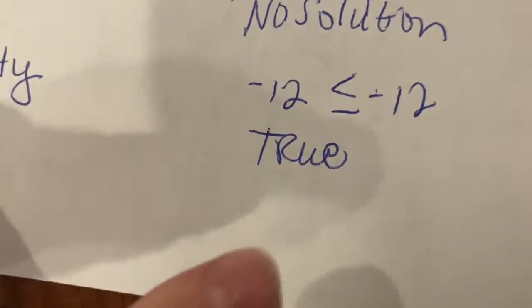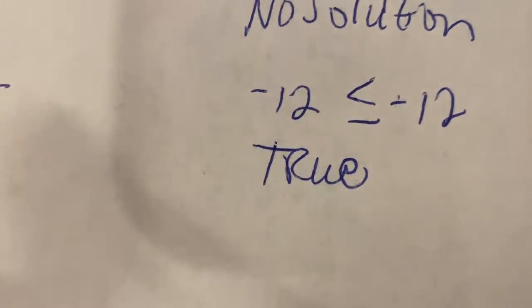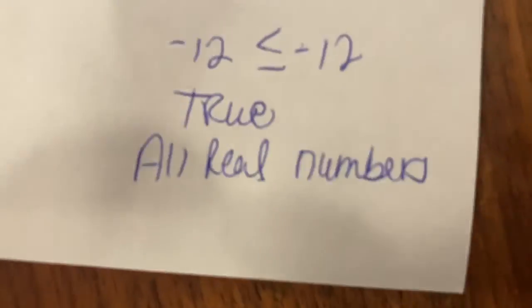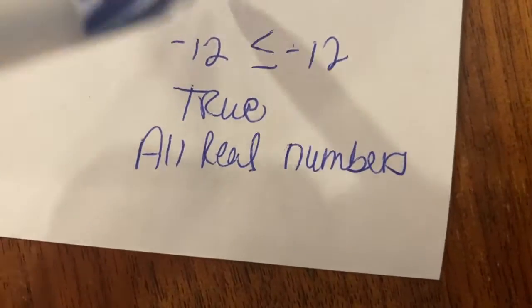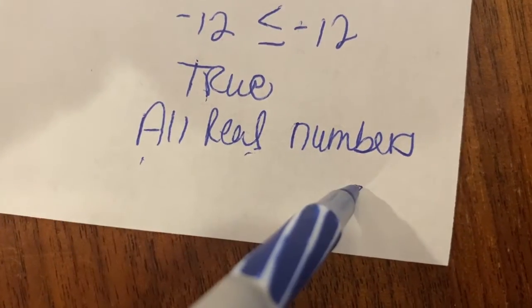So when you get a true statement, okay, this is real important. There's a big difference in false and true. When you get a true statement, that means that all real numbers are solutions to the inequality. So we could say that all real numbers are a solution here. So if you get something that's true at the end, we get all real numbers.